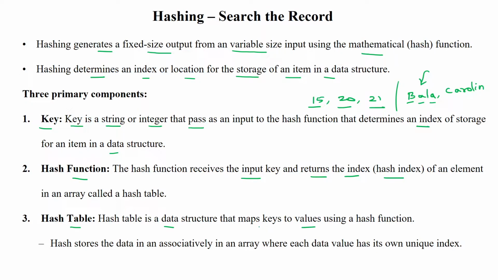The index will be calculated from the keys. So our table will look like this, with the index, and here we can store the values. These key values will be used as an index to store the corresponding values.